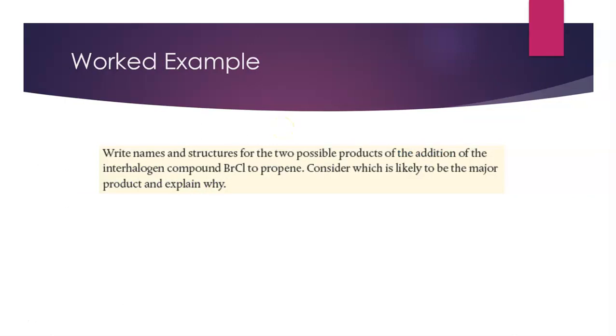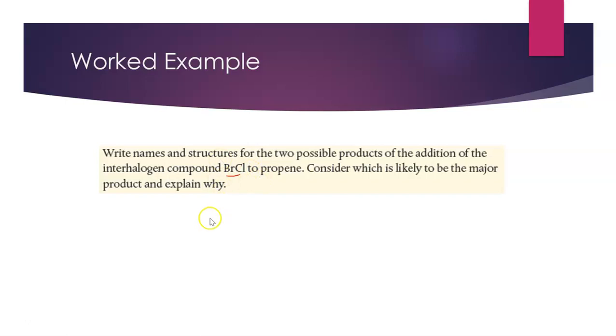If we have a look at this worked example, we're asked to write the names and structures of two possible products of the addition of the interhalogen compound BrCl, so we've got two different halogens, to propene. We need to consider which is likely to be the major product and explain why. There are clearly two ways that we can consider the attack.